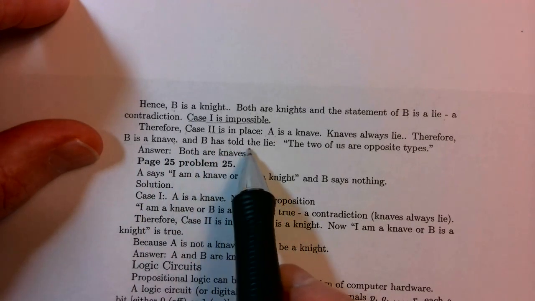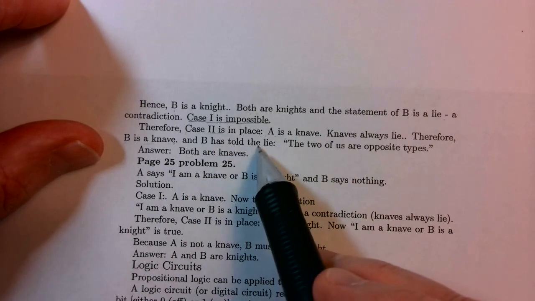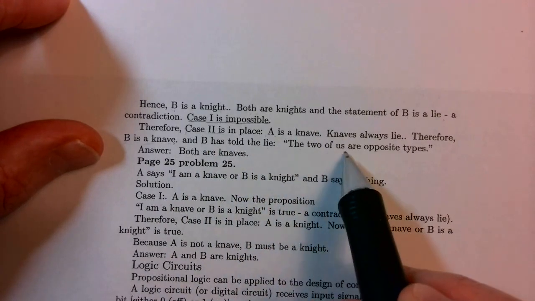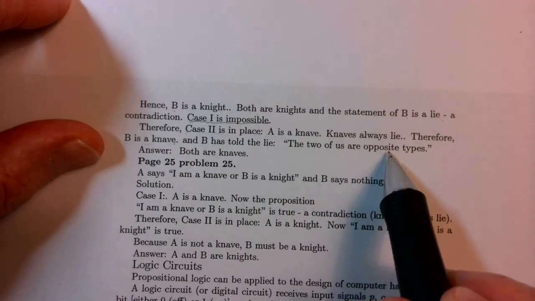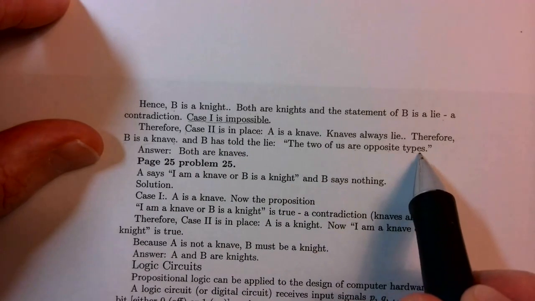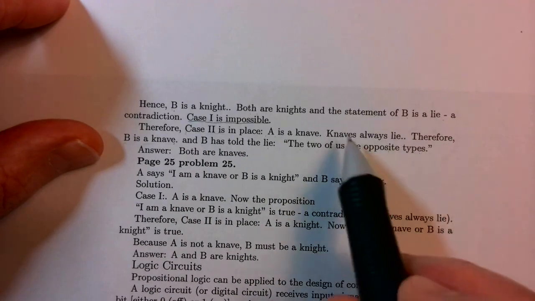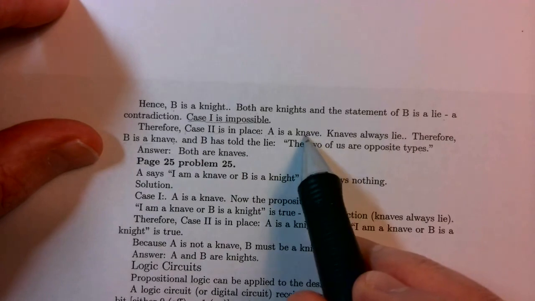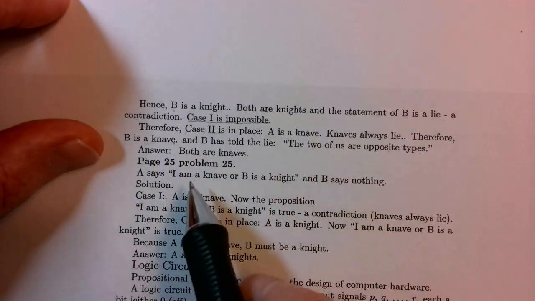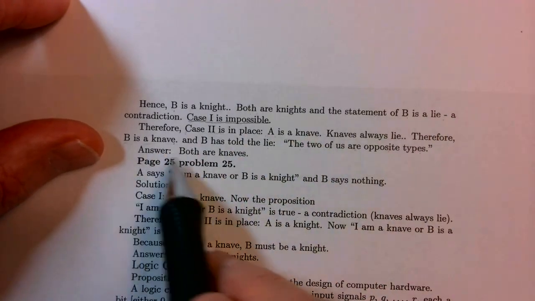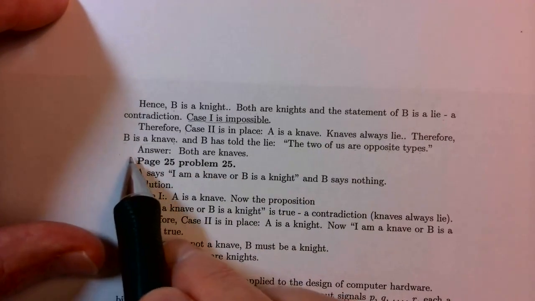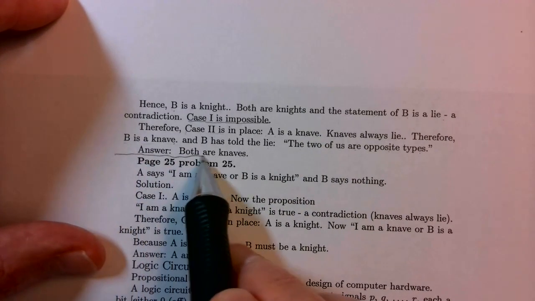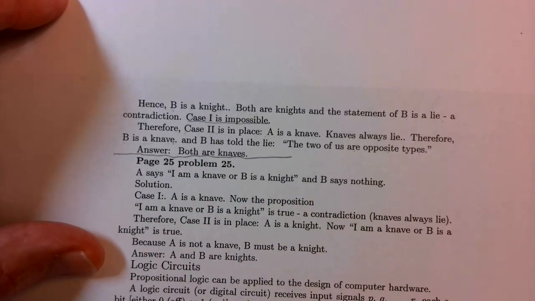So B has told the lie. The two of us are opposite types. Yeah, it is a lie. Both are knaves. So this is what we conclude. Both persons are knaves.